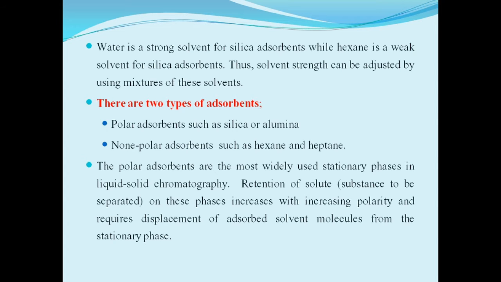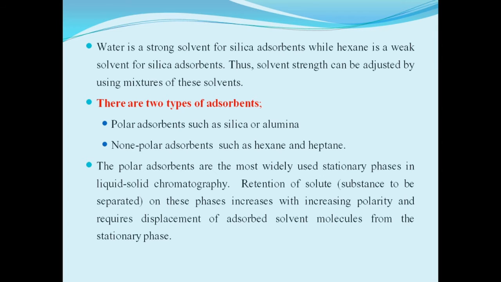The third type of adsorption chromatography is gas solid chromatography. Gas solid chromatography is different because it uses a gas instead of a liquid as the mobile phase, which can adsorb onto a solid.